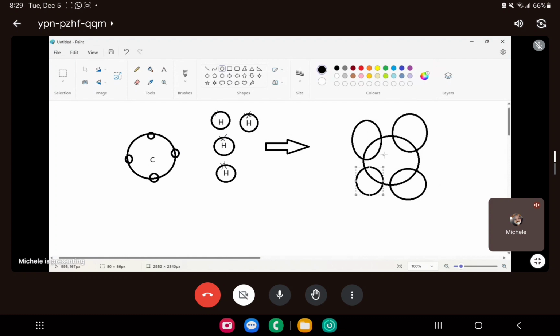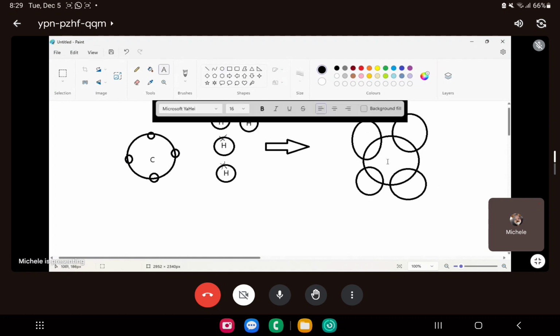So in here is still carbon. Here is carbon, and then in here is hydrogen. And in here is also hydrogen. And here is also hydrogen. And also the last is hydrogen, since there's four hydrogen.